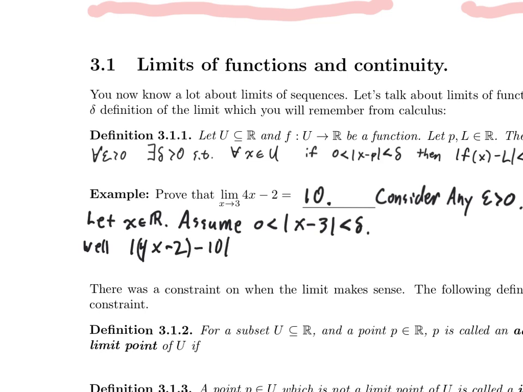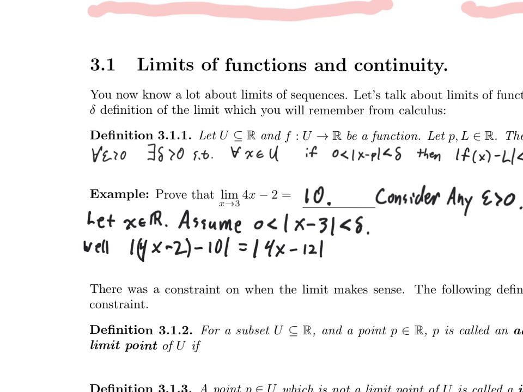Let's just try to walk with that. Minus 2 minus 10 is the same thing as minus 12. That's absolute 4x minus 12. And I want to get this to be small, and I know that this quantity is small. So if I can make this into something that involves absolute x minus 3, that will make me happy.